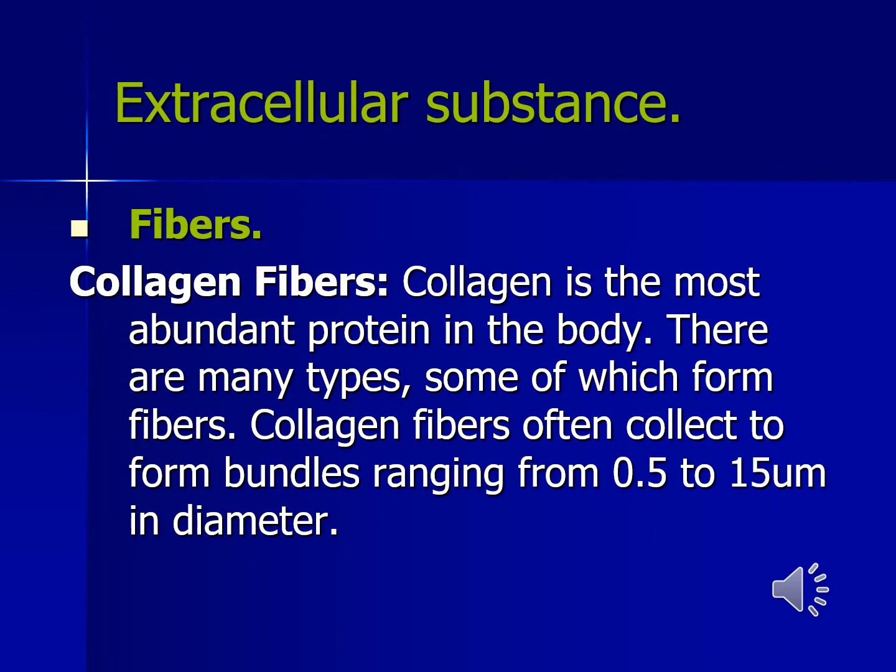In this lecture, I will present the composition of extracellular substance in more detail, because all types of connective tissues except blood include extracellular substance. About fibers. Fibers are divided into three main types: collagen fibers, elastic fibers, and reticular fibers.